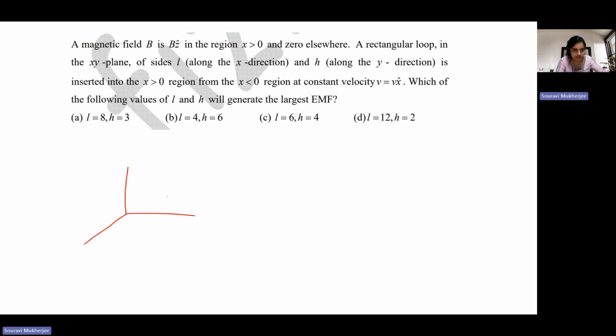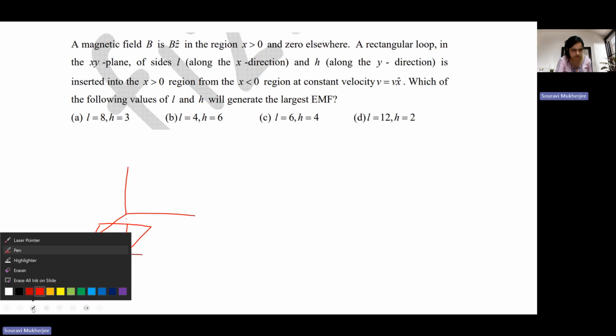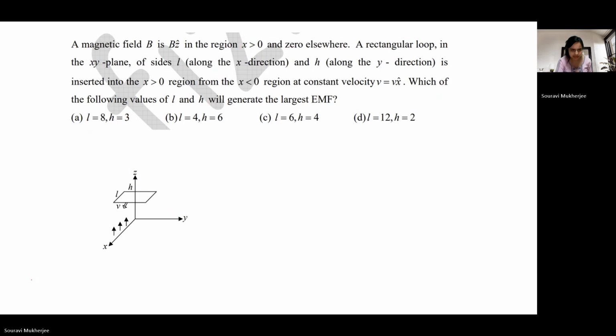This is your region. The magnetic field is along z. Basically you have a loop somewhere here in the negative region, and you are taking it towards the region z greater than 0. I'm not drawing it properly. Something like this, right? Yeah, now it looks fine.